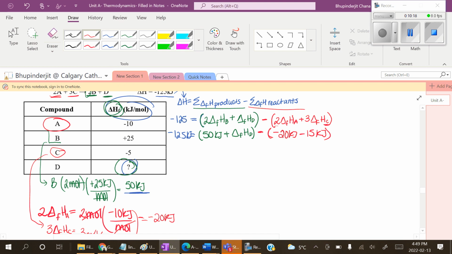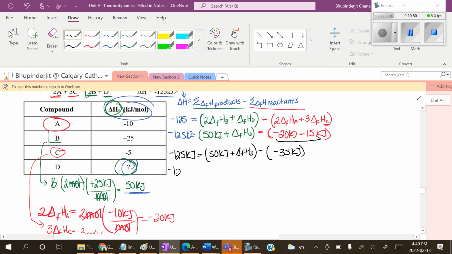All right, I'm going to do my isolations now. So we have negative 125 kilojoules is equal to bracket 50 kilojoules plus delta FHD minus, let's collect this. So negative 20 minus 15, that gives me negative 35 kilojoules.